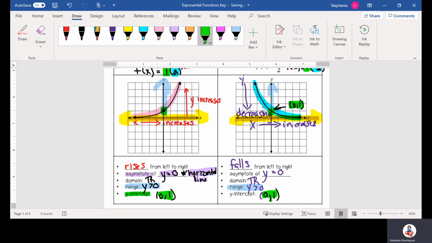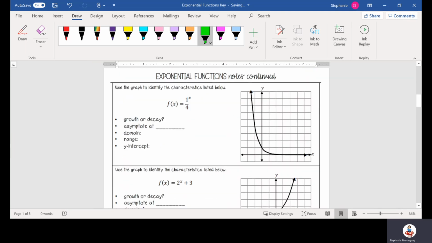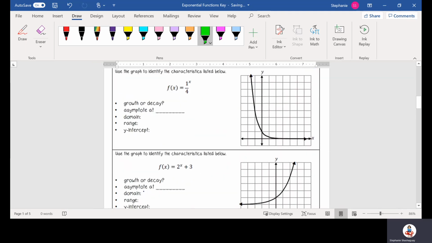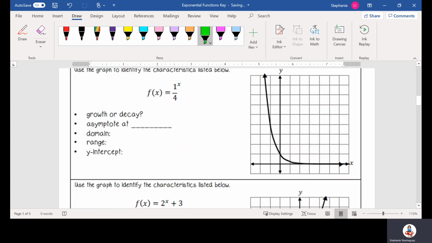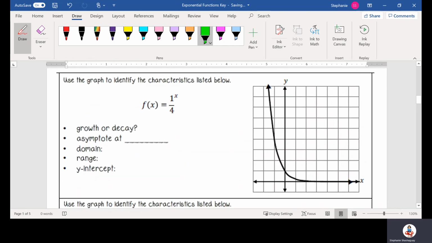Okay, now let's go ahead and look at some examples. It says use the graph to identify the characteristics listed below. Okay, so I'm going to rewrite this function so that I know what my a is. I'm going to have f of x is equal to 1 times 1/4 to the x power.